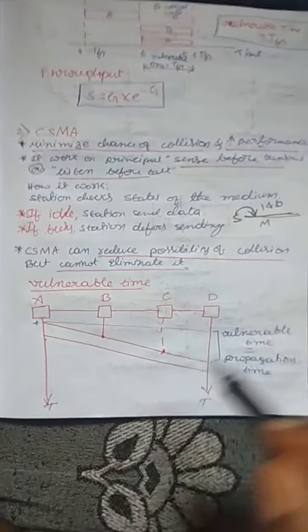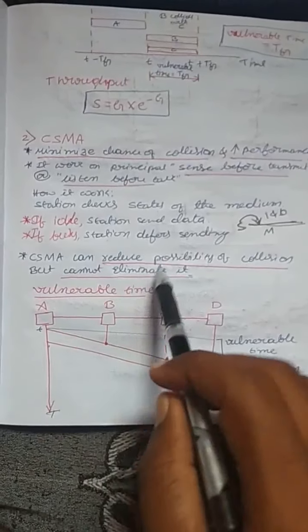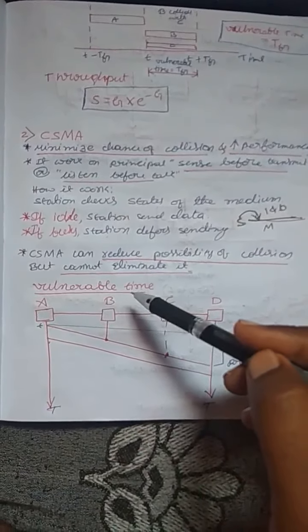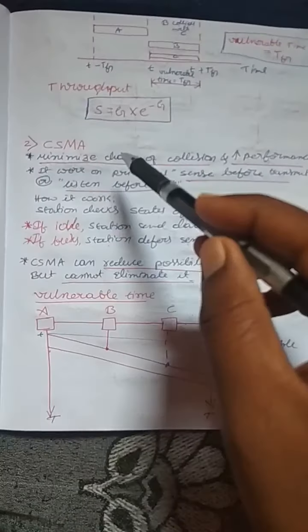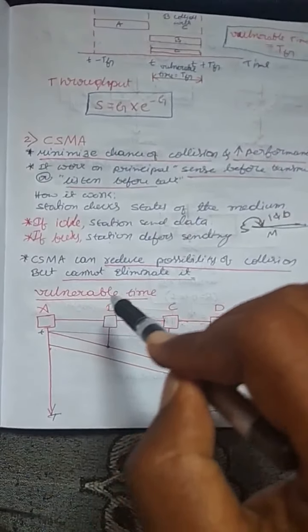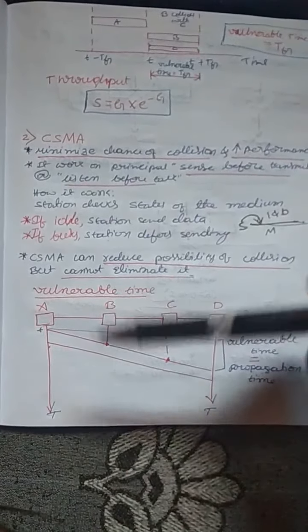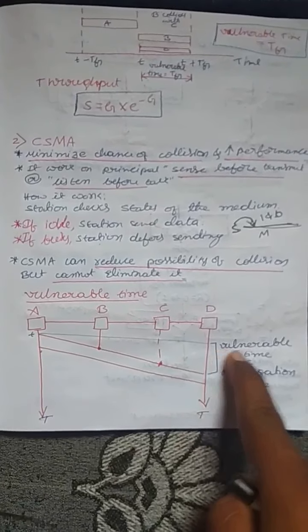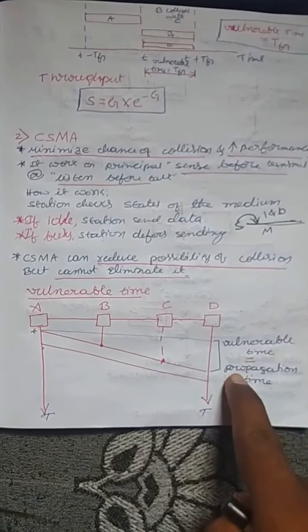Here, what is the vulnerable time of CSMA? Vulnerable time is the time in which a collision happens. Here vulnerable time is equal to the propagation time.